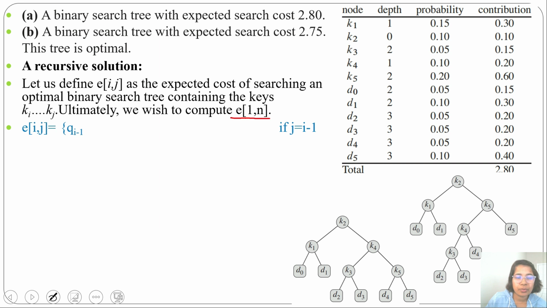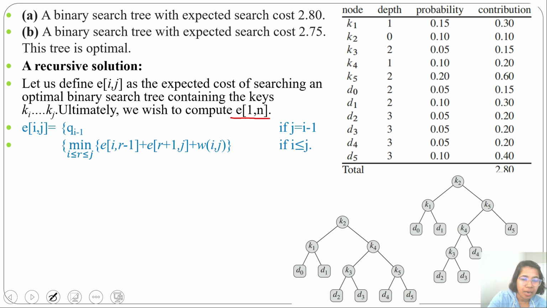E[i][j] equals q(i-1) if j equals i-1, else the minimum over r with i less than or equal to r less than or equal to j of E[i][r-1] plus E[r+1][j] plus w(i,j). For i less than or equal to j, you just find this part E[i][r-1] plus E[r+1][j], and whichever r is minimum, add w(i,j) to that.